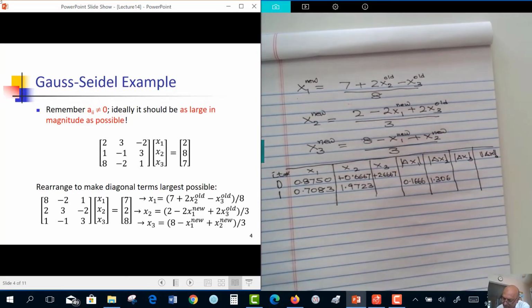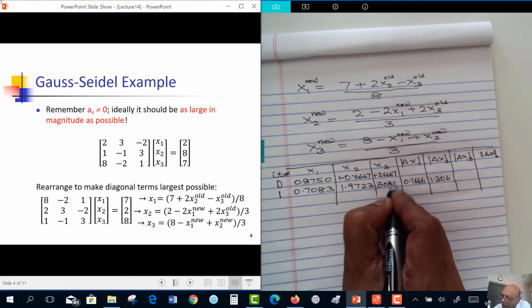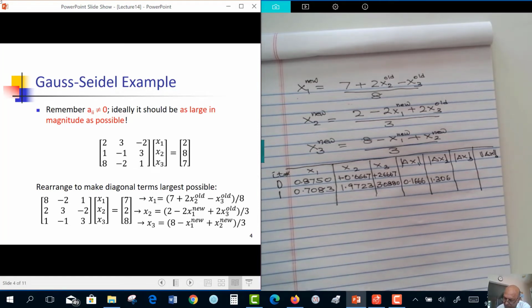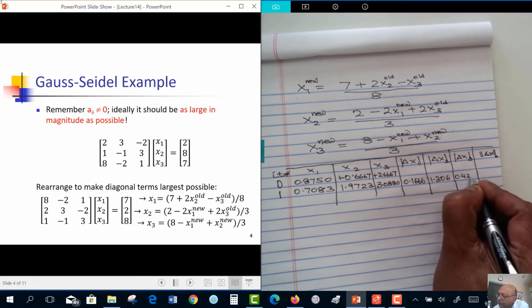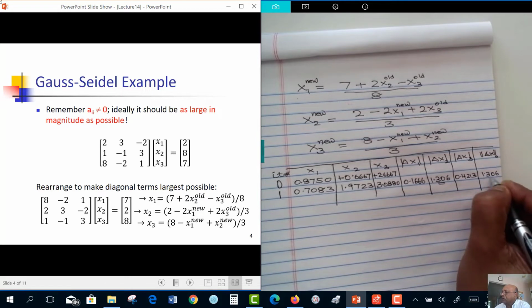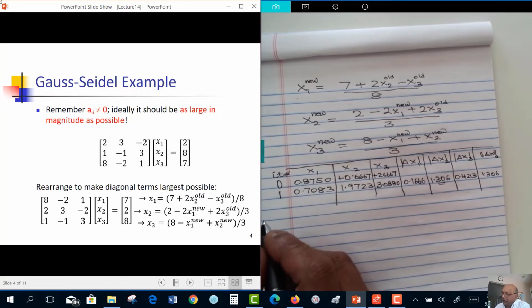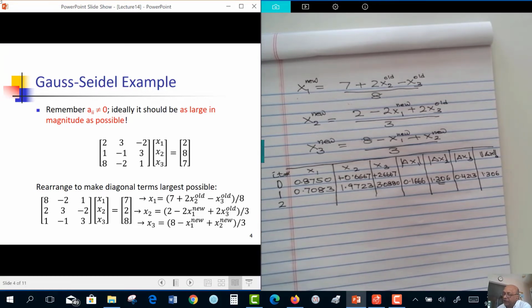I'm going to put them in there, and I'll get 3.0880. So my largest change here was 1.306. Obviously we don't even have a single correct decimal digit. We do one more iteration.